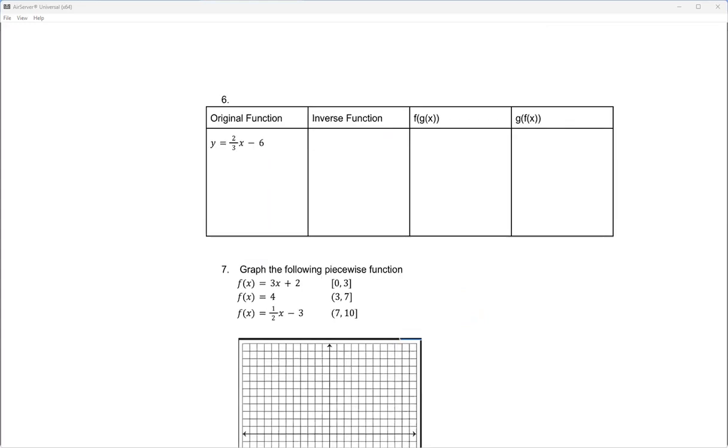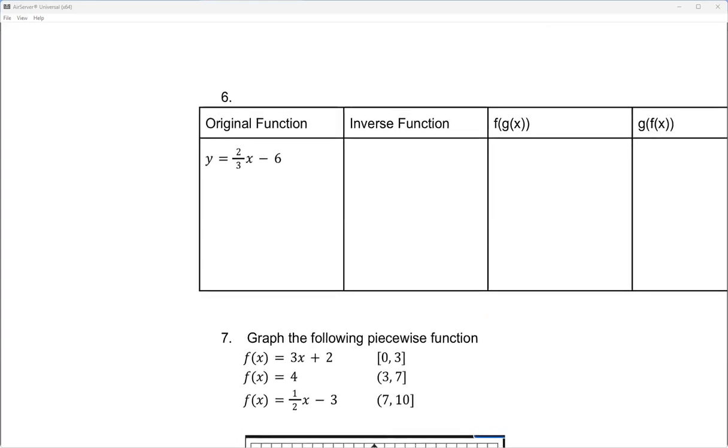Next thing, number 6 is giving you a little bit of context for this problem. You have the original function, and that was supposed to be the f of x. I should have written out the directions. The g of x is equal to the inverse of the original function. You guys remember how to do the inverse? The function is y is equal to 2 over 3 x minus 6.